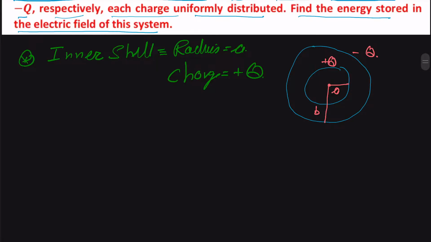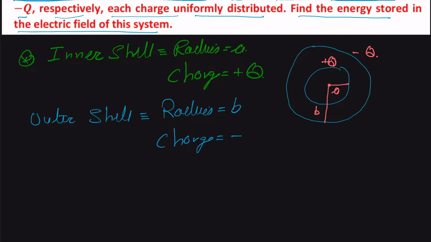And then we have an outer shell, and this outer shell has a radius of b and charge minus q, and it is given that a is less than b. Okay, that is already mentioned in the question, and the charge is also uniformly distributed.